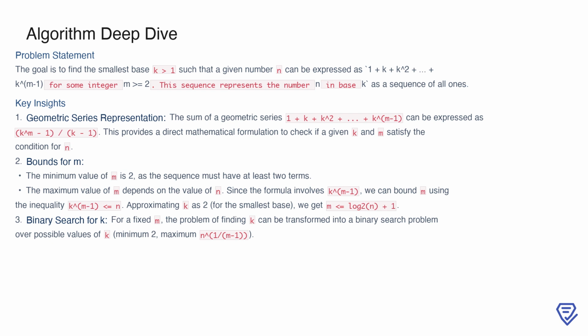The upper limit of m is constrained by the inequality k^(m-1) <= n, and approximating k as the smallest possible base, which is 2, we derive that m is bounded by log₂ n plus 1. For a fixed m, finding k boils down to a binary search problem, where the range of k is from 2 to n^(1/(m-1)). These insights set the stage for designing an efficient algorithm to solve the problem.